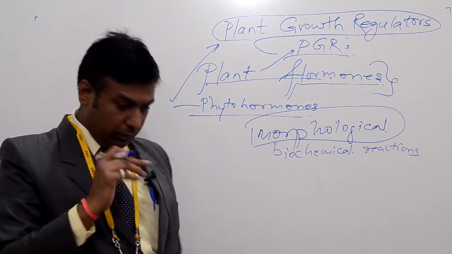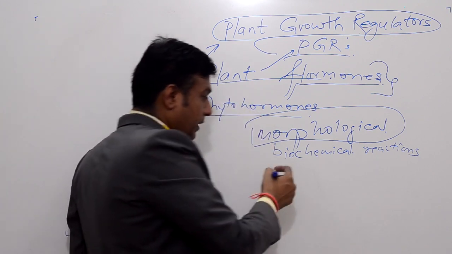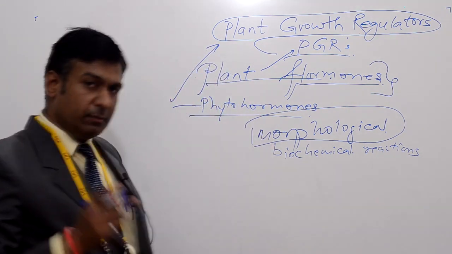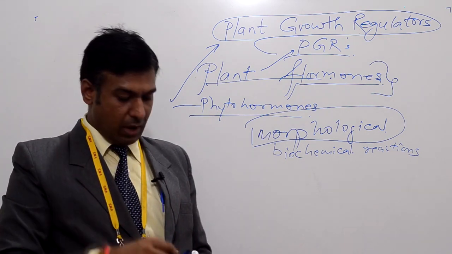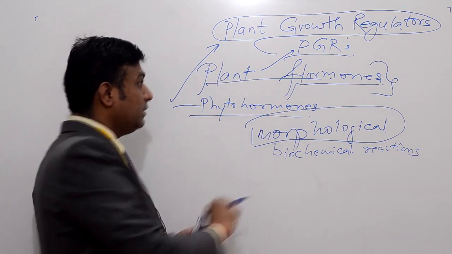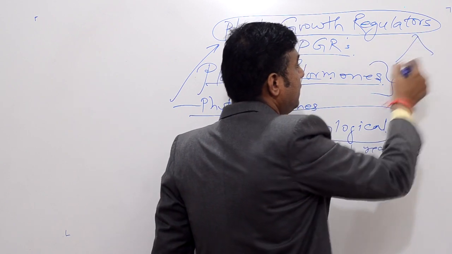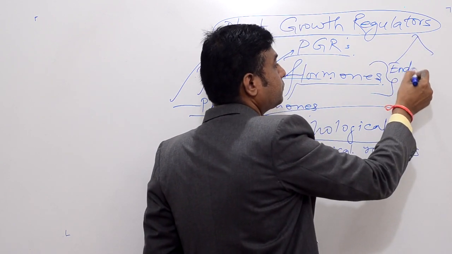Now, regarding plant growth regulators, they may be endogenous or exogenous. How can you say endogenous or exogenous? In two ways. Why are we saying endo or exo?